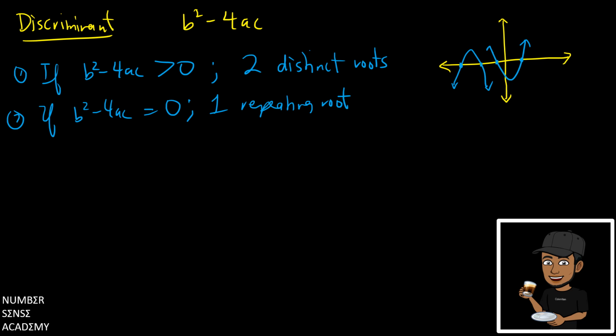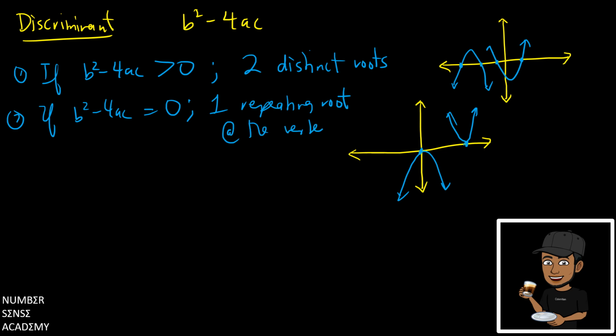And if you think about it, if it's going to touch the x-axis once, that means the only thing touching the x-axis is the vertex. So you could get something that looks like this, where it touches right there, or it could touch at the origin. So it has one repeating root, and that would be at the vertex.